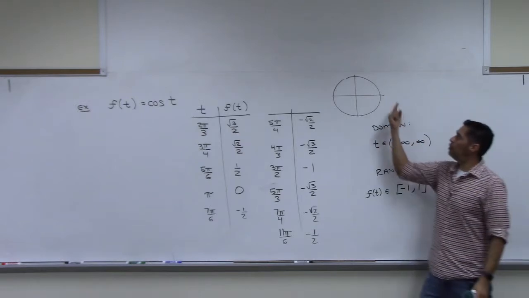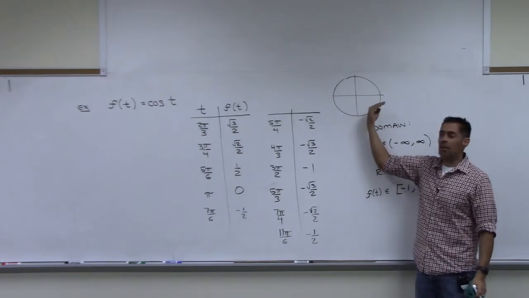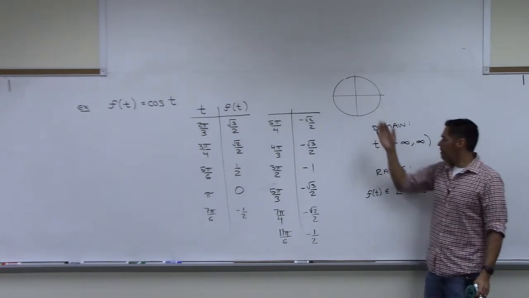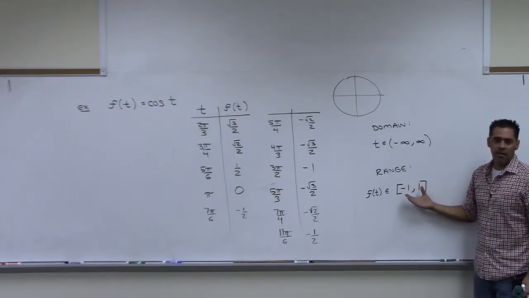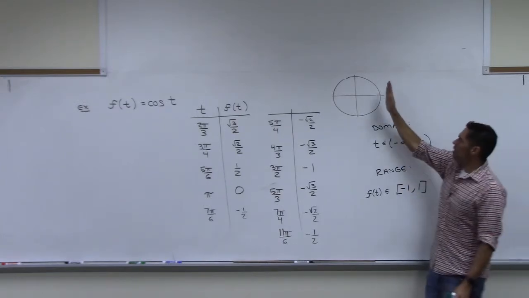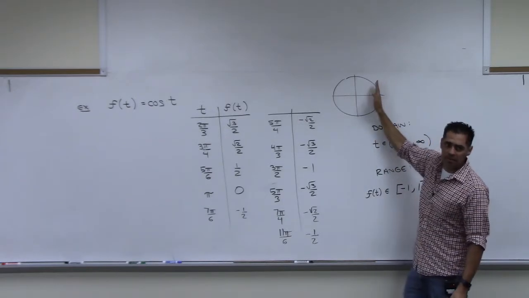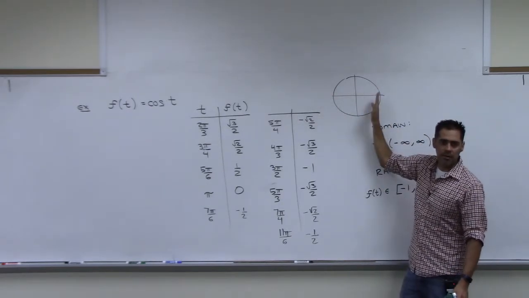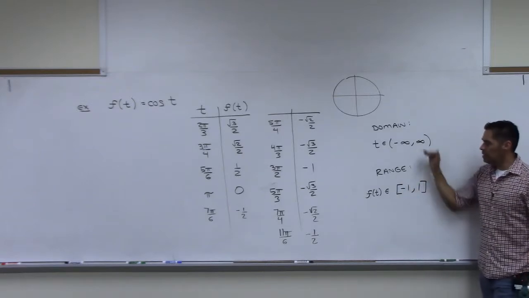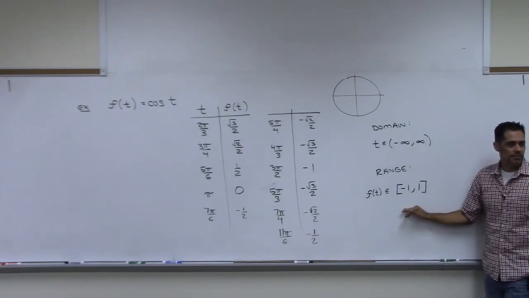We should still be able to plug any number in because that's our angle. The outputs for cosine are the x values, and on a unit circle, you're always stuck between negative 1 and 1 also, right? Your x values will always have to be between here and here. So your domain is the same and the range is the same. Y'all agree with that?